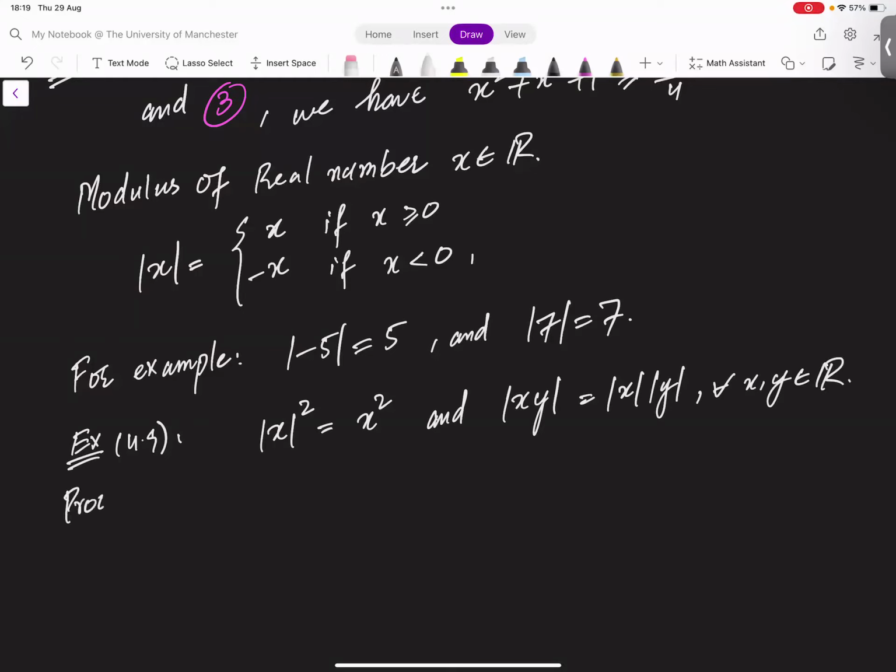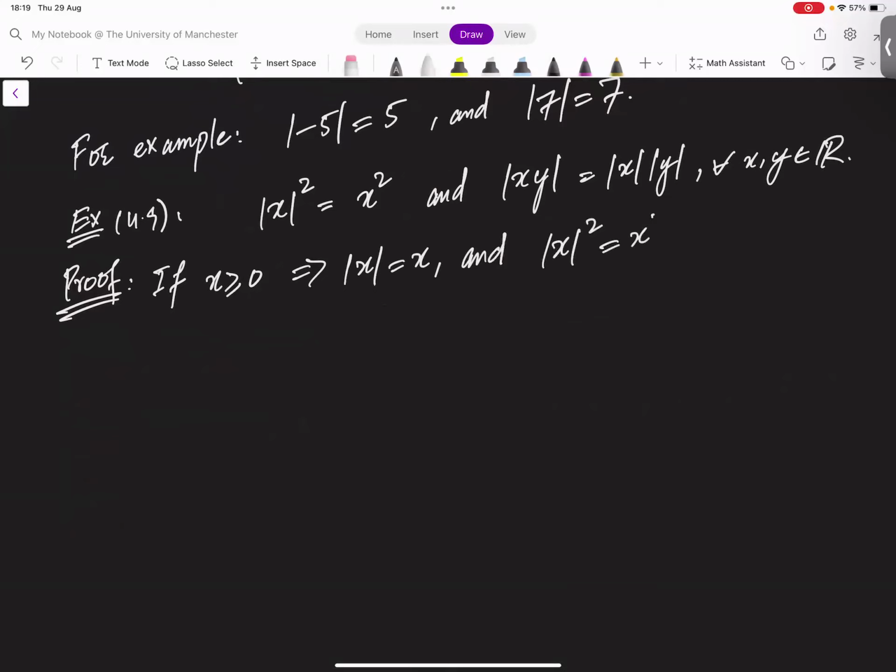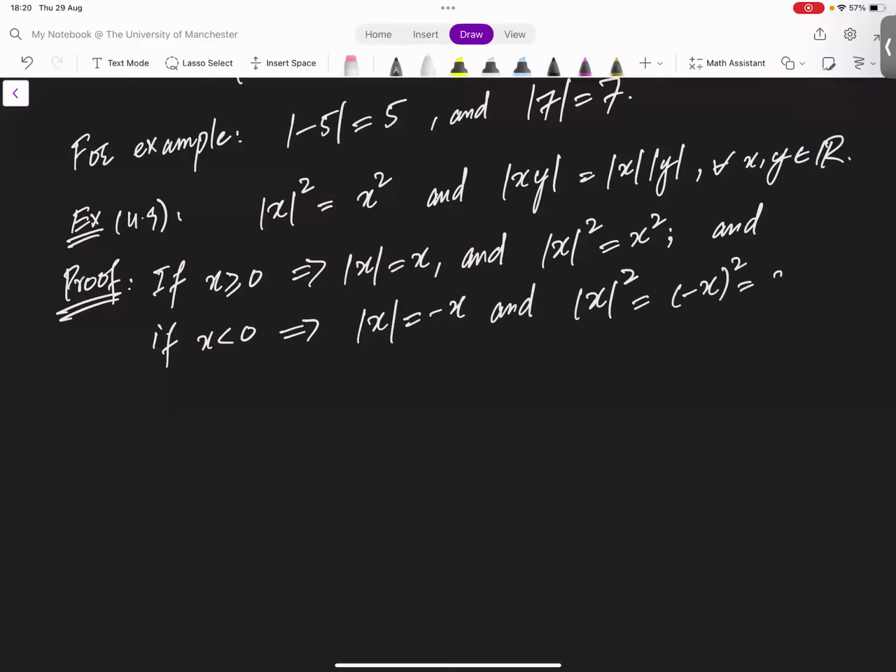Let's prove this. If x is greater than or equal to 0, then mod of x is x only, and mod of x square is x square. And if x is less than 0, then mod of x is minus x, and mod of x square is minus x square, which is x square again.